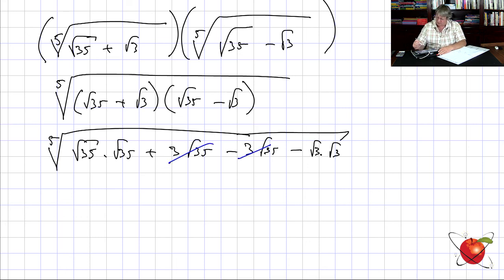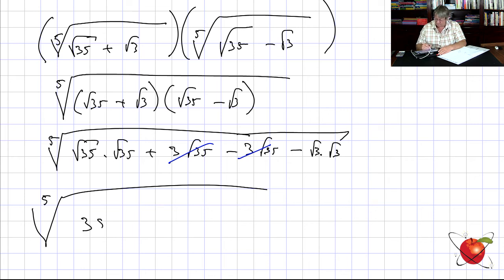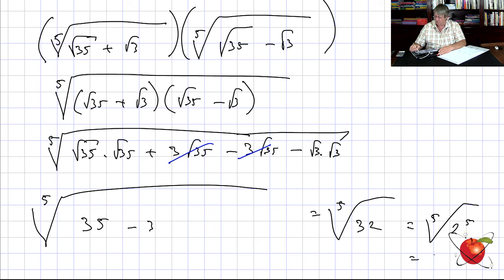So therefore, we're ending up with the fifth root of root 35 times root 35, which is equal to 35, minus root 3 times root 3, which is equal to 3. That's the fifth root of 32. Oh, how do I do that? Well, prime factor. That's the fifth root of 2 to the 5. The answer is 2.